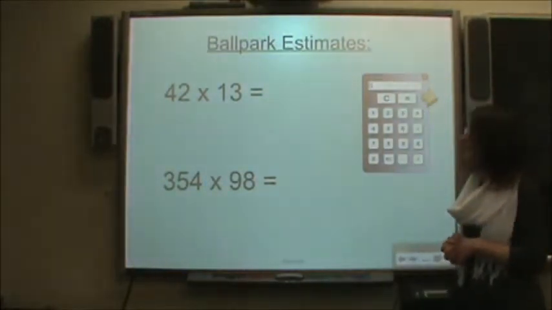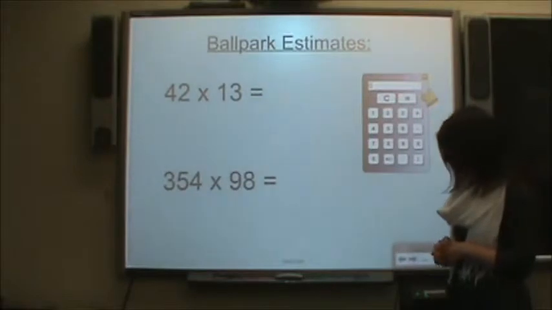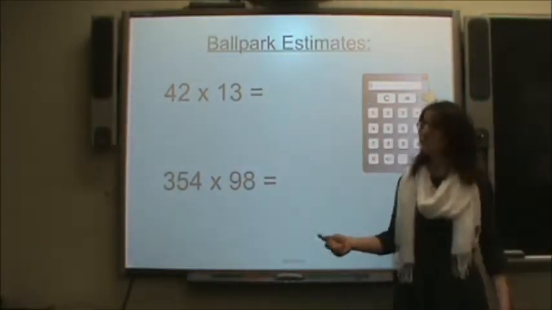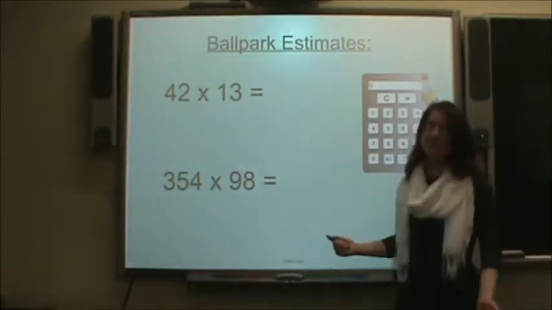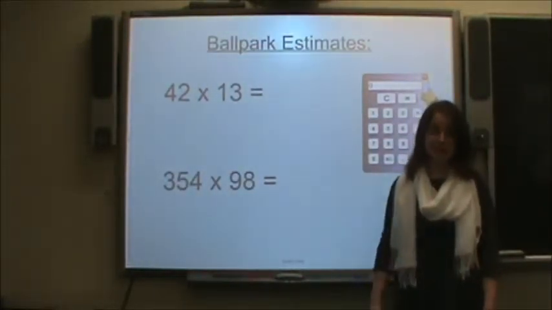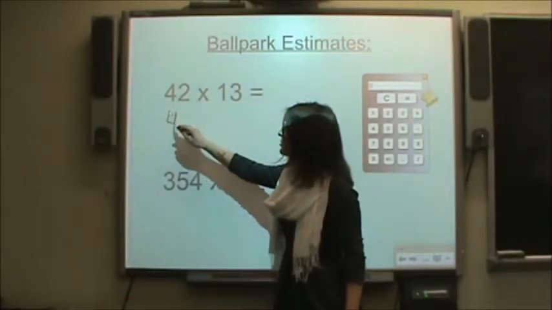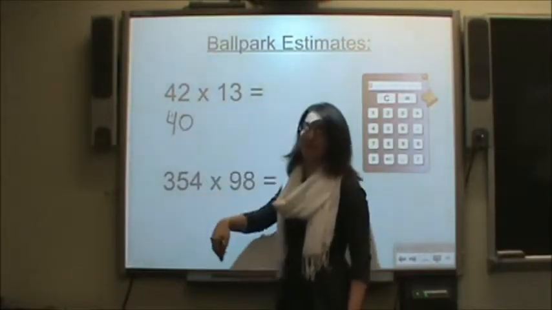So what you do to find a ballpark estimate is you find 2 numbers, make these numbers easier to work with. So 42 times 13, I have no idea what that's going to be off the top of my head. But 42 is really close to 40.